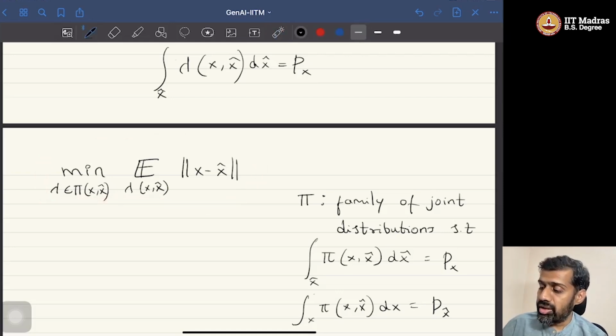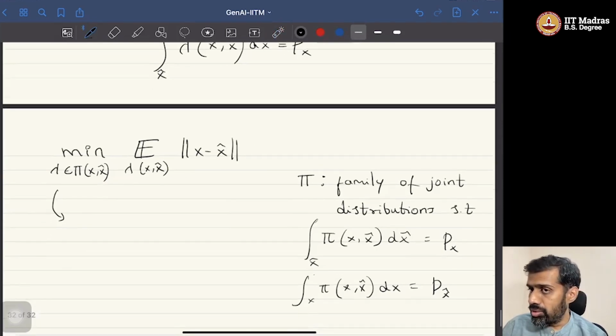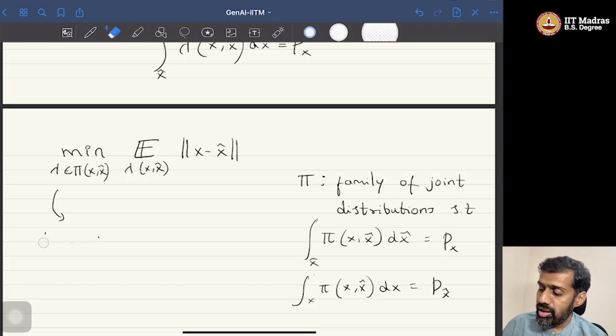So let me just write that down. This corresponds to the least, or rather we are searching over all possible transport plans.